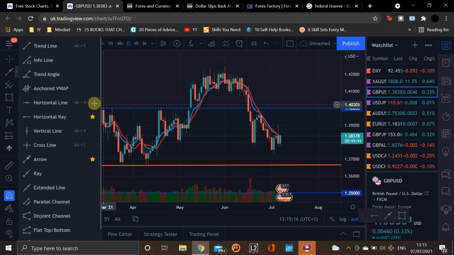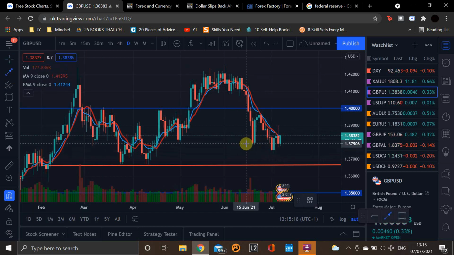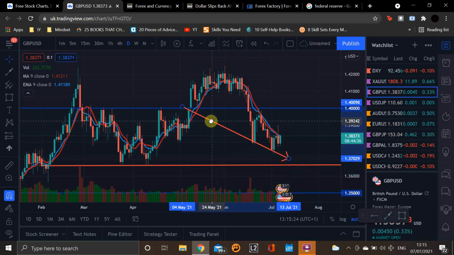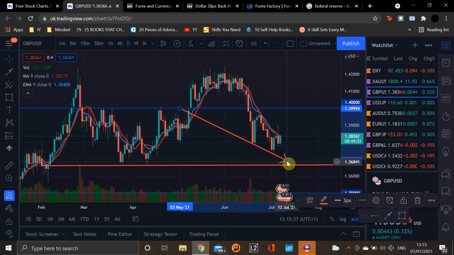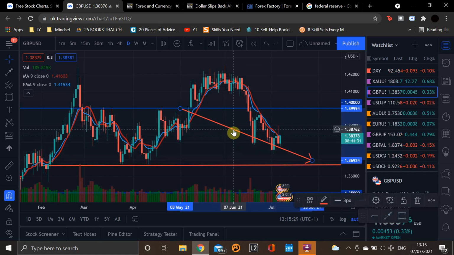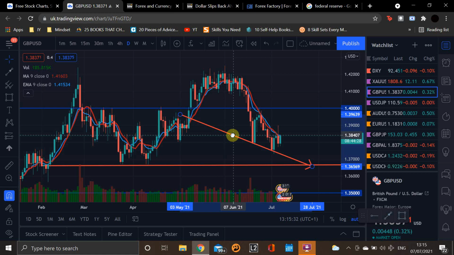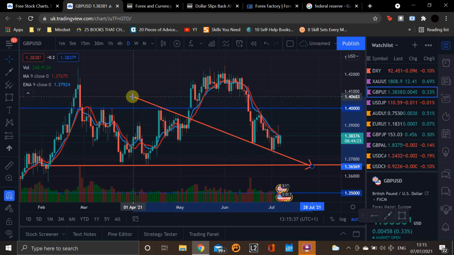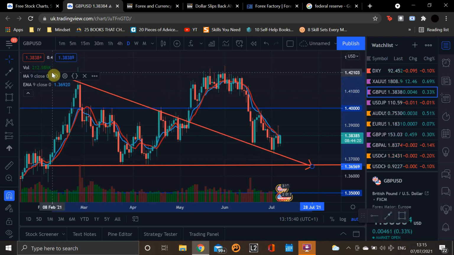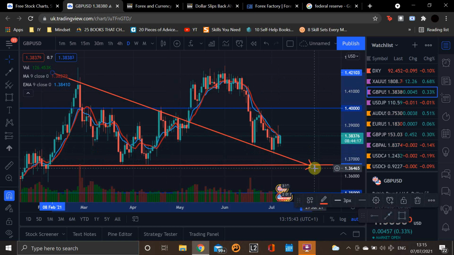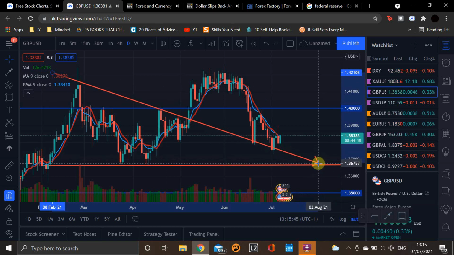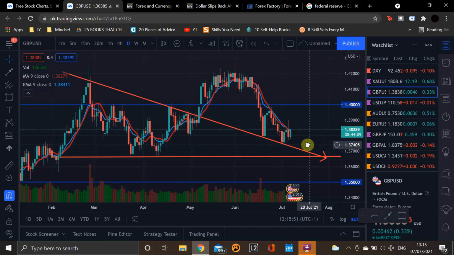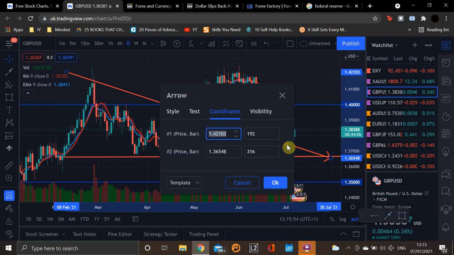So what I could do, I could draw that same arrow from here. Make that orange.